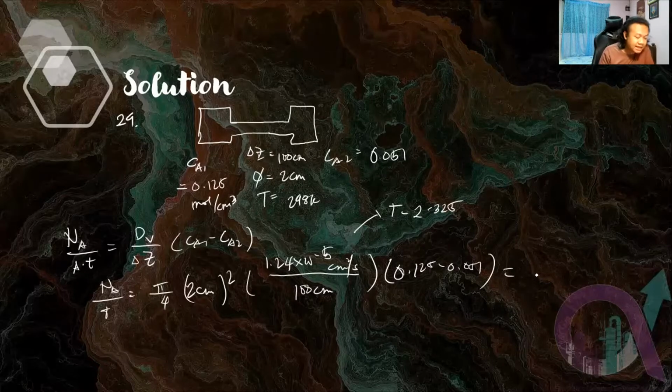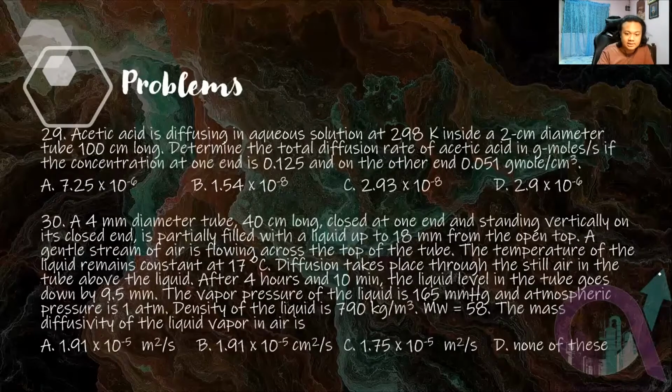We can get 2.88 times 10 to the negative 8 gmole per second. So let's see. It's not exact, but it's near. Number 30 is I think the hardest because it's very long.